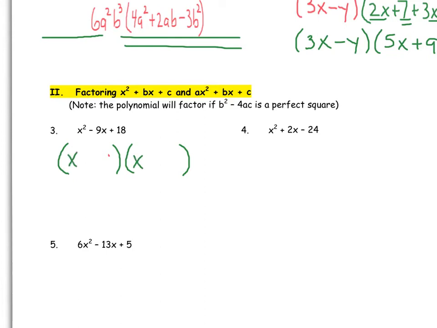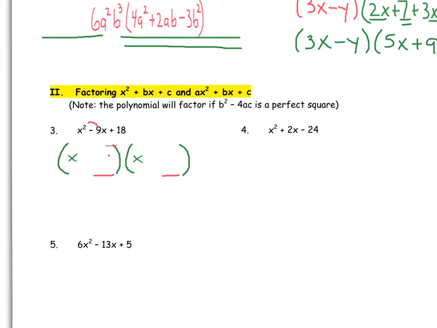All right. Your signs are also important to consider. Whenever the last sign is positive, it means that my product of my two last terms, here and here, has either got to be negative times a negative, in here and here, or a positive times a positive. Your middle sign is what tells you what that's going to be.